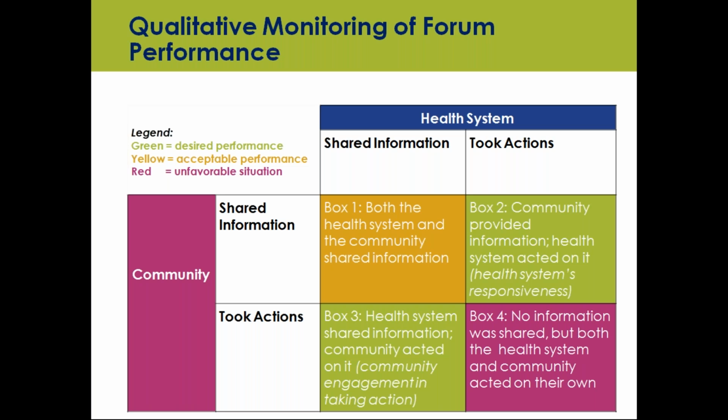And the forum, the community and the health system, can have a periodic check of their performance by just discussing, did we share the information? Did we take action based on those things? Simple. And if they are doing that, whatever be the extent of it, that would show that this forum is working well.